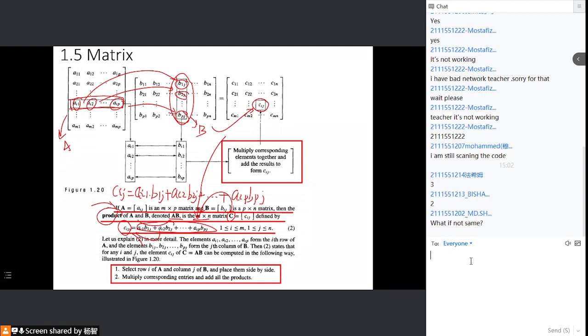So multiply the corresponding elements together and add the results to form Cij. You can see these elements form the ith row of A, and these elements form the jth column of B.